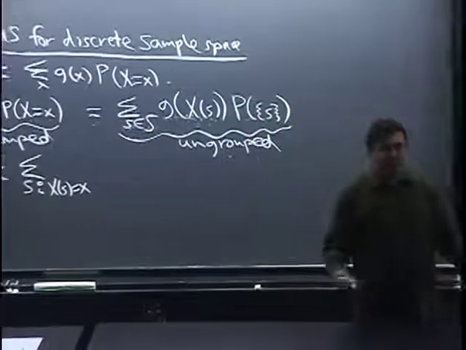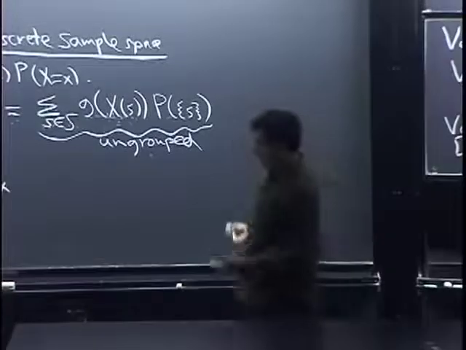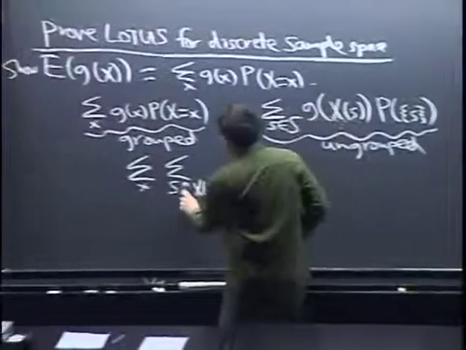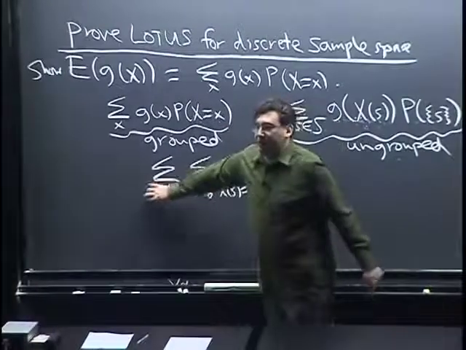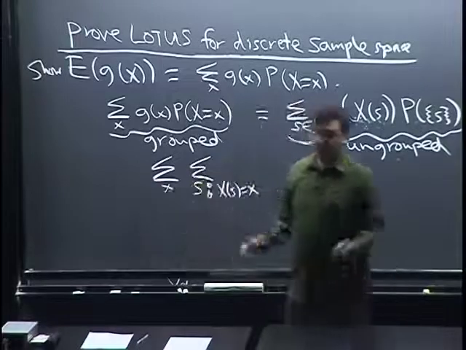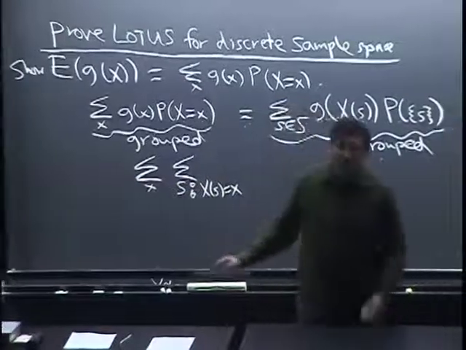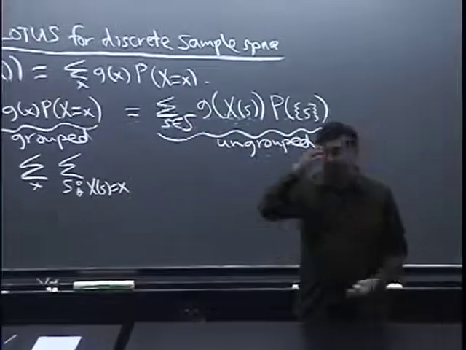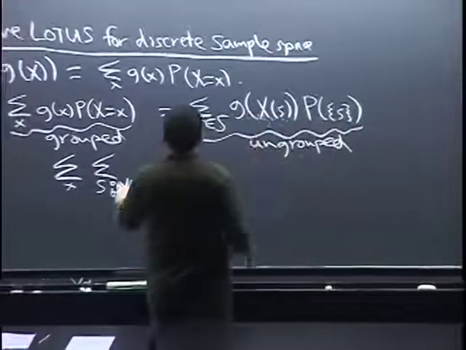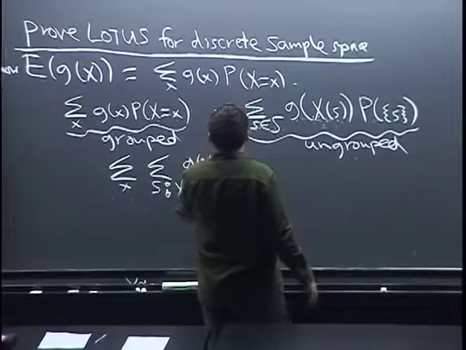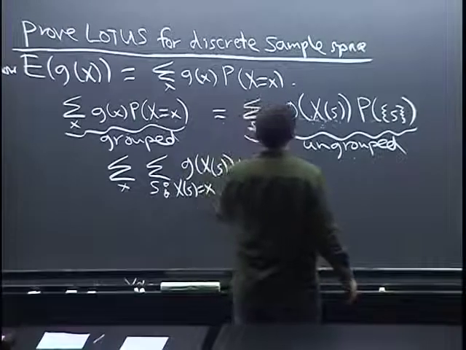We can sum them in any order we want. So I can rearrange them in this particular order where I first sum over the little x values and then group together and sum over all the pebbles that have that value. It's the exact same thing. I just reordered the terms. So that's g of x of s times p of s.